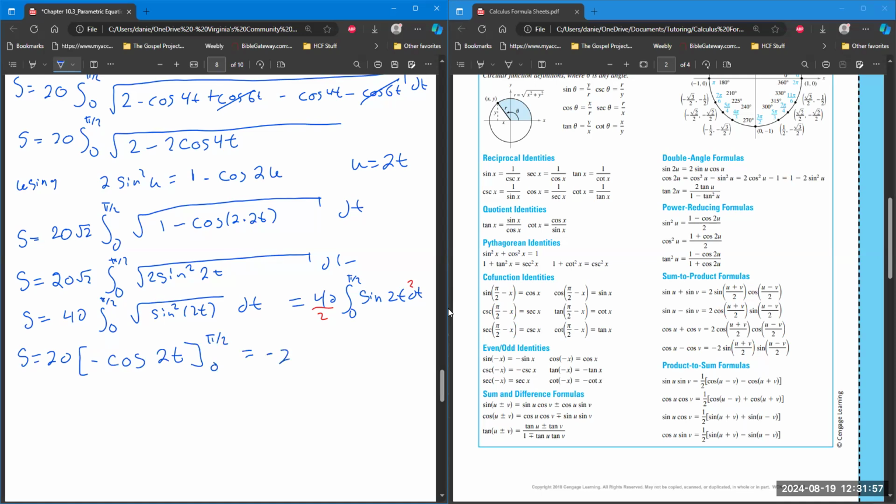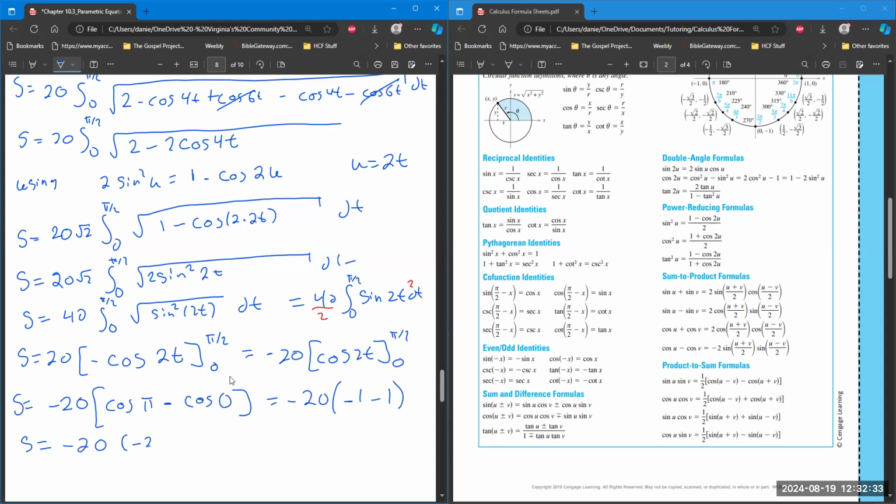That's the same thing as saying negative 5 cosine of 2t, pi over 2, 0. So this is s is equal to negative 5 times cosine of pi minus cosine of 0, which is equal to negative 5 times a negative 1 minus 1. S is equal to a negative 5 times a negative 2, which is a positive 10, and this is whatever my units are in, and I'm done.